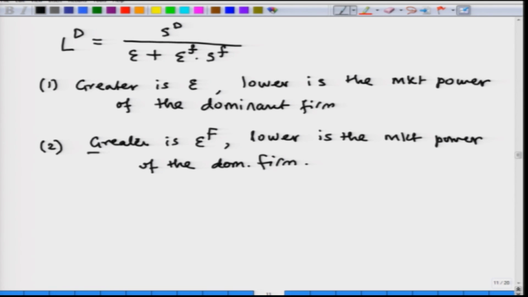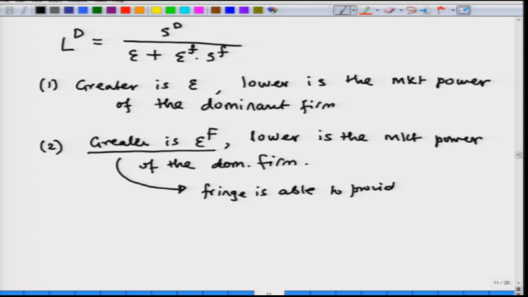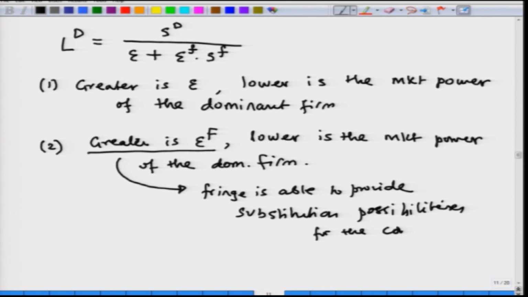So, essentially the fringe is able to provide substitution possibilities for the consumers. A dominant firm's power to charge a price significantly greater than the marginal cost gets reduced by the presence of the fringe firms.